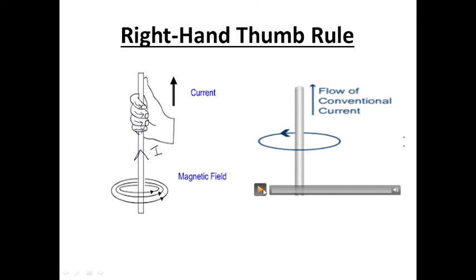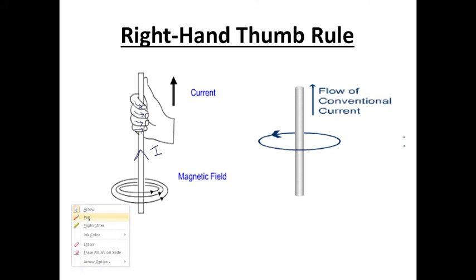Now see the magnetic field lines of a current carrying conductor. The current is flowing in the north direction, or up direction. Suppose this is east, west, north, south. Current is flowing in the up direction, or north direction. This is the direction of the current. How do you apply the right hand thumb rule?